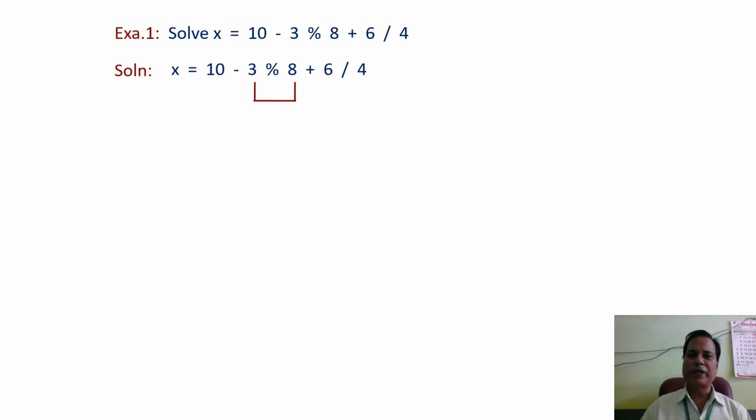So the modulus operator is acted first, giving 3 modulus 8 as 3, so 10 minus 3 plus 6 slash 4.